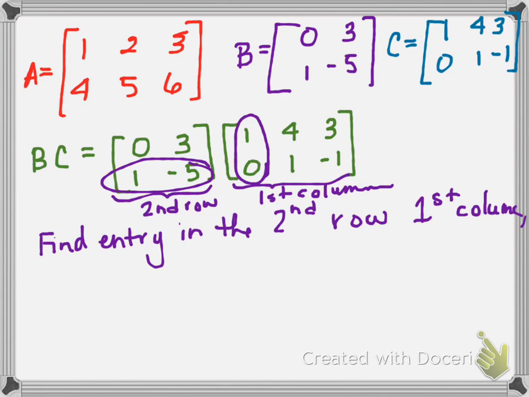Remember, in linear algebra, row always comes first, then column. And I take those two and I match them together. So I do 1 times 1 plus -5 times 0. And that gives me 1. So the entry in the second row, first column of this product is going to be 1.